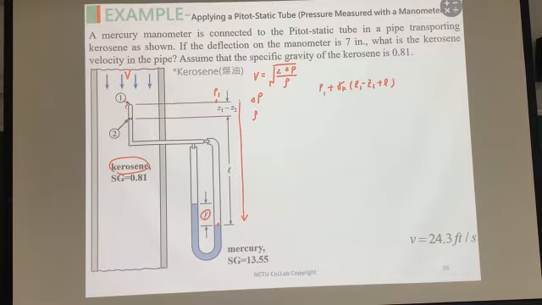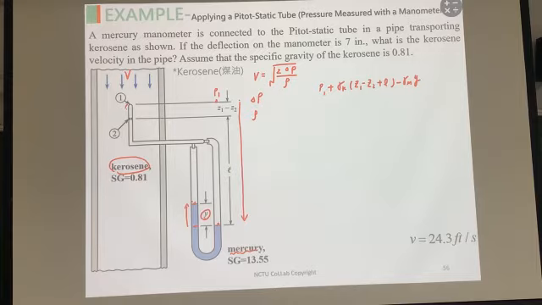Then in here, we make the balance, and we would like to change the elevation from here to here. Because the elevation is increased, here is the minus, and the liquid is the mercury. So this is gamma M and the Y in here.